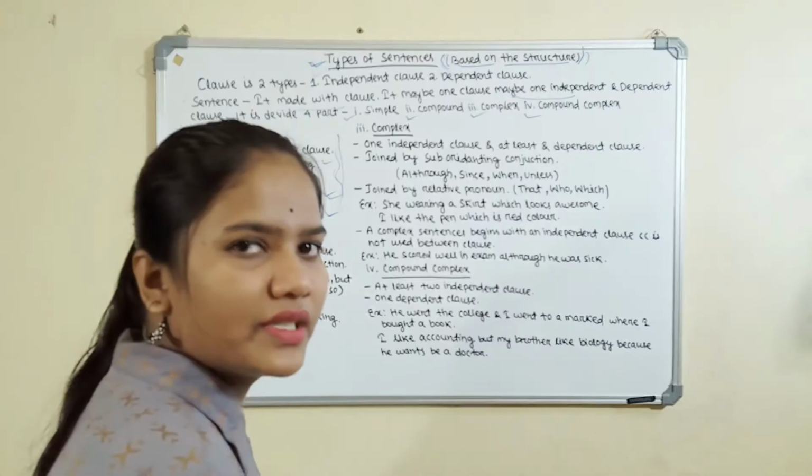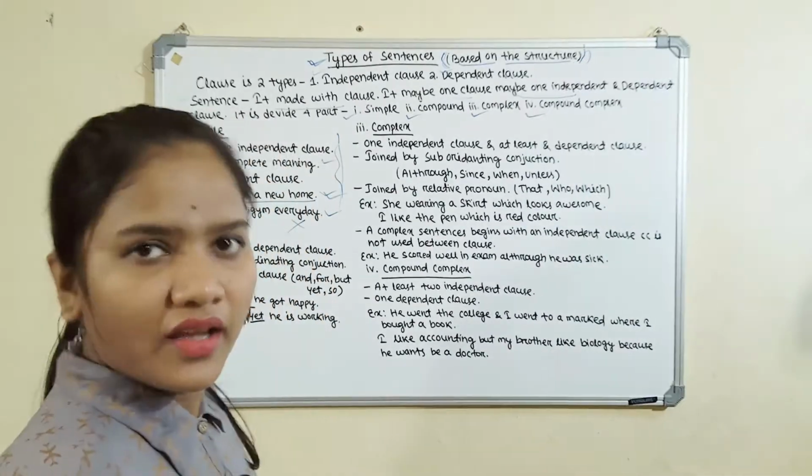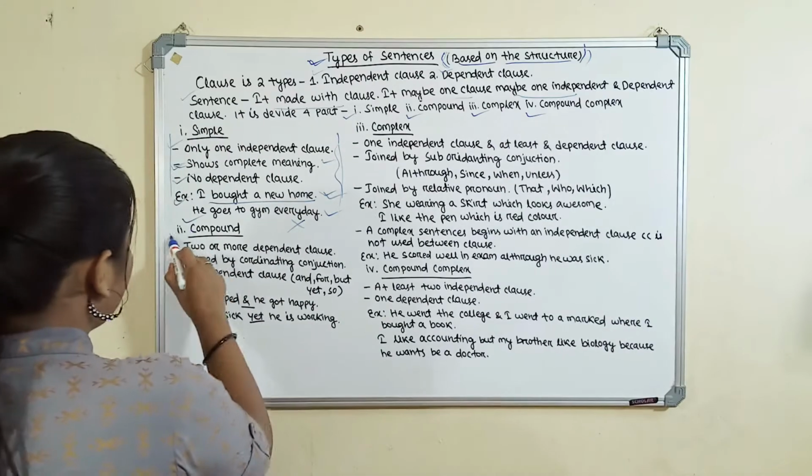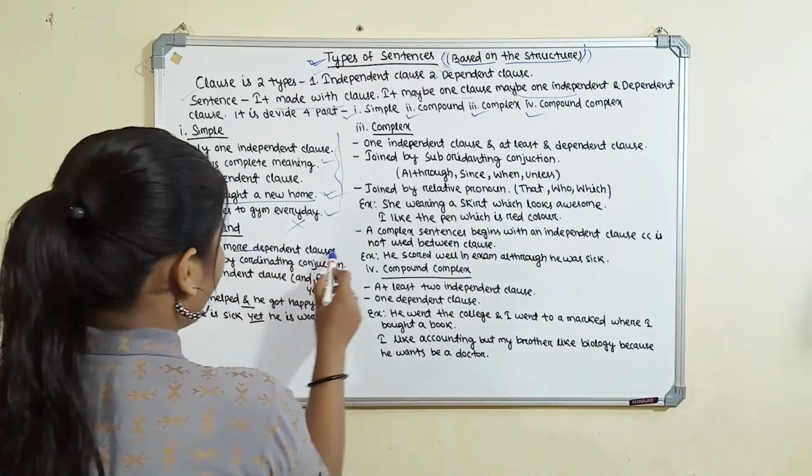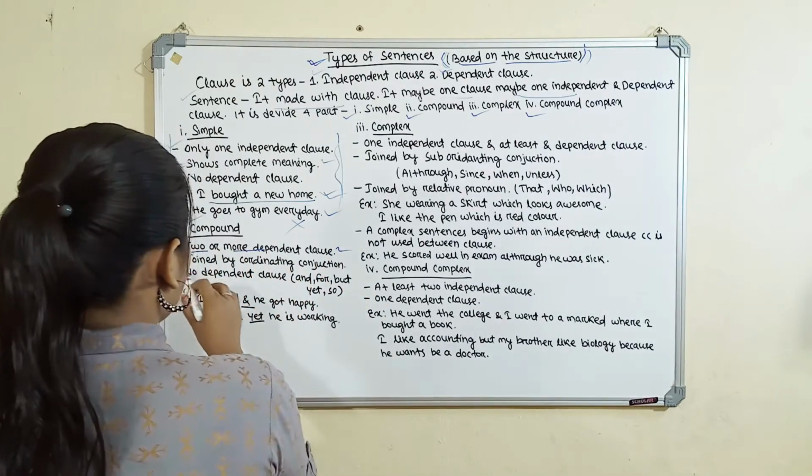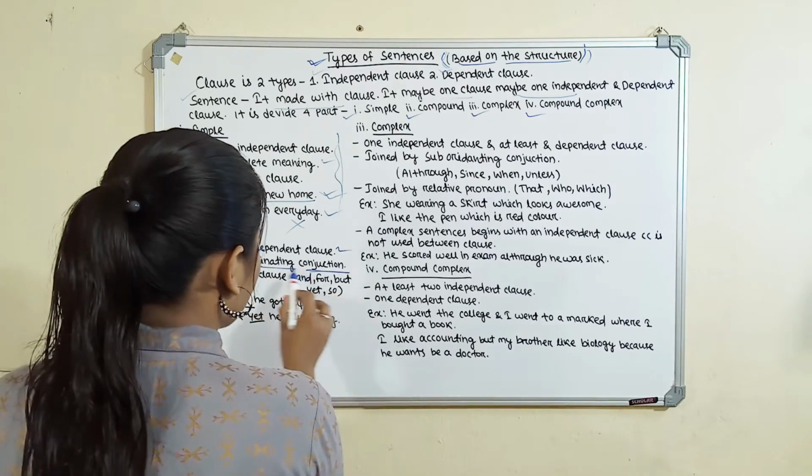Then we will move to the second type of sentence, the compound sentence. A compound sentence has 2 or more independent clauses added, and second, they are joined by a coordinating conjunction.